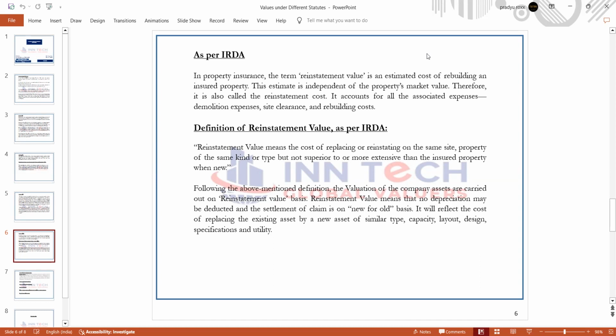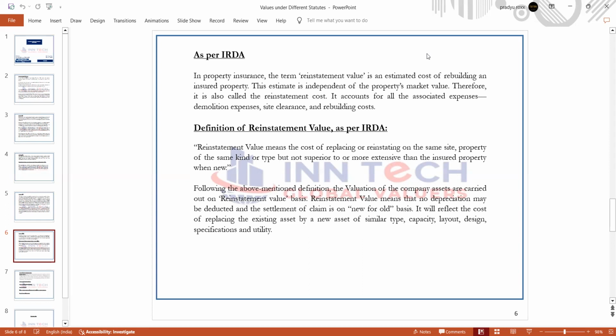So for that reinstatement cost, if you take insurance for that asset, this will be helpful for you whenever a claim arises. If the asset is insured on par with the cost as on that day, then you will not be under insured.